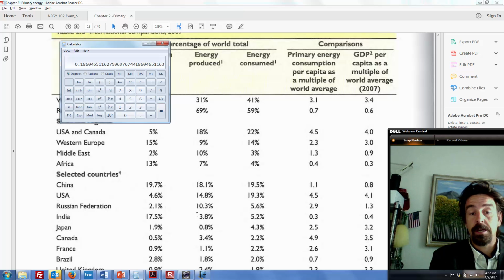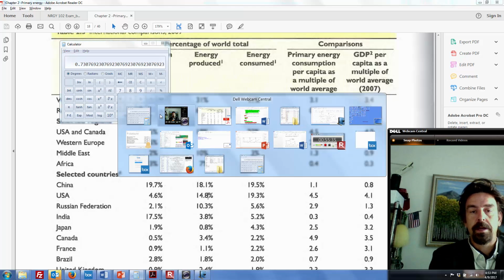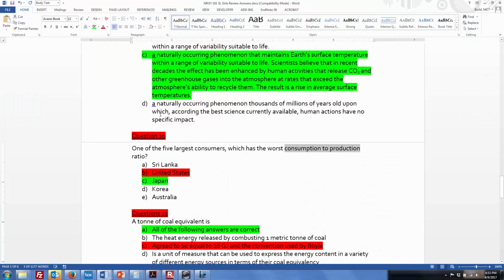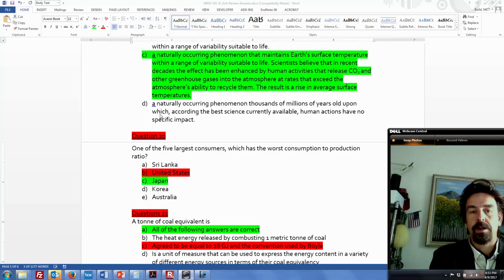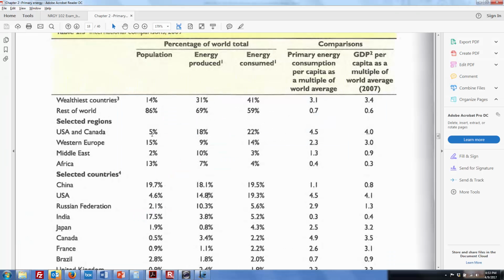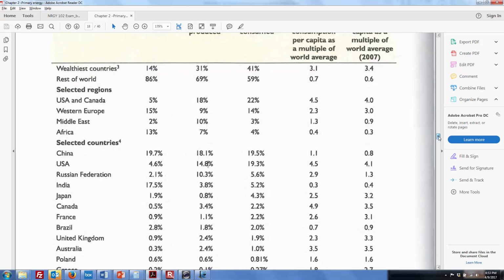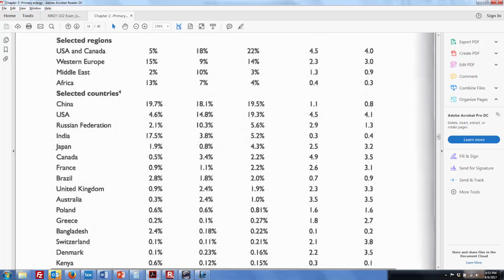Let's look at India. 3.8 divided by 5.2 equals 73. Pretty good. The other ones, I think Sri Lanka is not there, but Korea, Australia, they're not listed. But actually, from this chart, it's Japan. Japan is the worst.